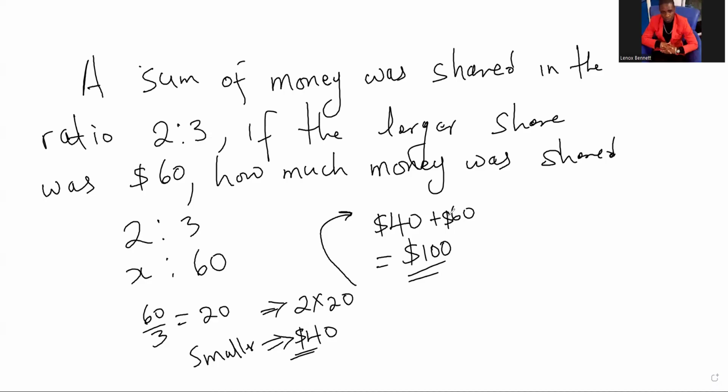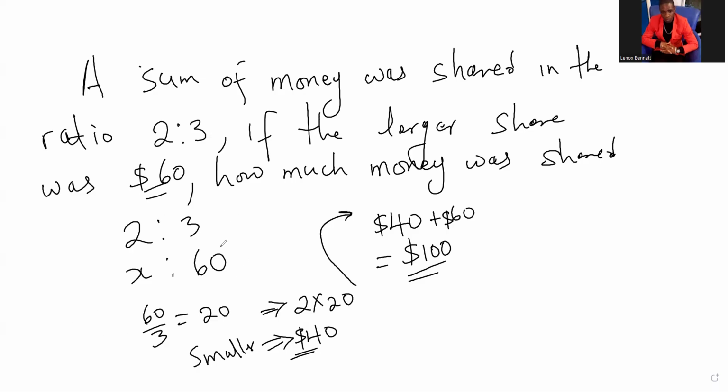Excellent. Very good. Well explained. As he said, guys, it doesn't ask for the smaller share. It asks for the total that was shared between the two persons in the ratio 2 to 3. So if the larger share is $60, what he found was one share.